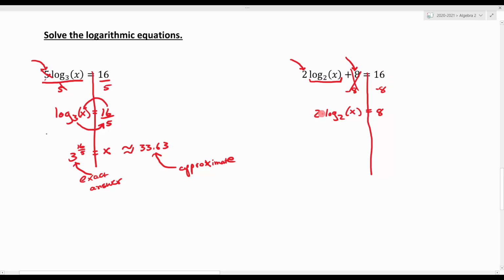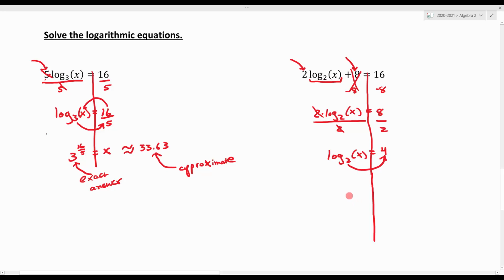Now I'm going to move the 2. Since it's multiplying, I'm going to divide by 2. The 2's cancel, and now I get log base 2 of x equals 4. Now the log part is isolated, so I'm going to rewrite this as an exponent using the definition of logs. My base is 2.